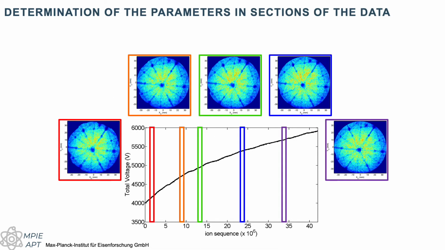Going back to what we discussed in the previous set of slides, as we field evaporate the specimen, we are going from a smaller, sharper specimen to a blunter specimen. We are peeling off the atoms progressively, so the specimen becomes bigger and bigger. So the radius increases, and I've just told you that for a larger radius, the values of KF and ICF also change.